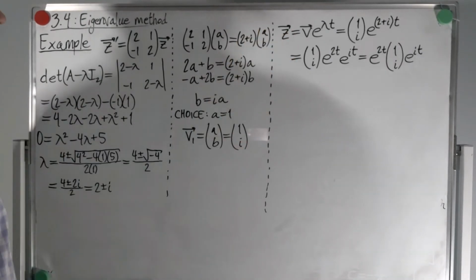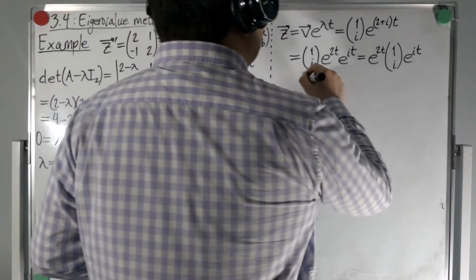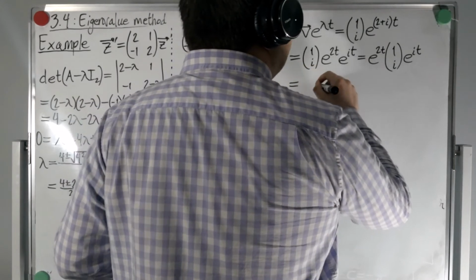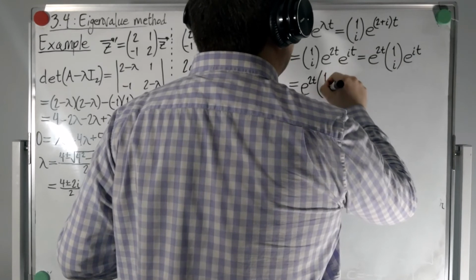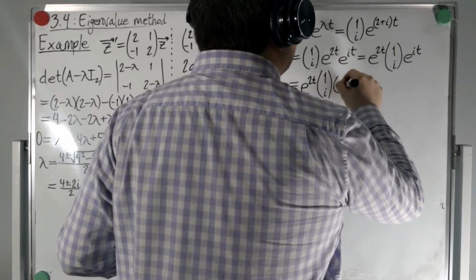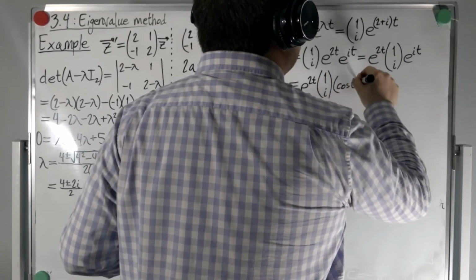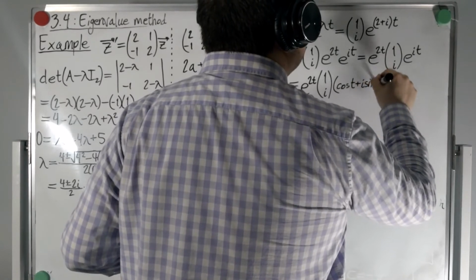e to the it, according to Euler's formula, is cosine of t plus i times the sine of t. So we have e to the 2t, (1, i), cosine of t plus i times the sine of t.